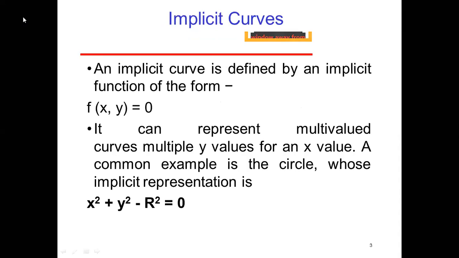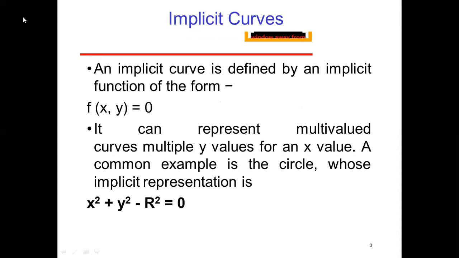So far we have already studied such types of functions in mathematics. So f(x, y) = 0 is called the implicit form, or we can say that the implicit curve we can get with the help of this function.